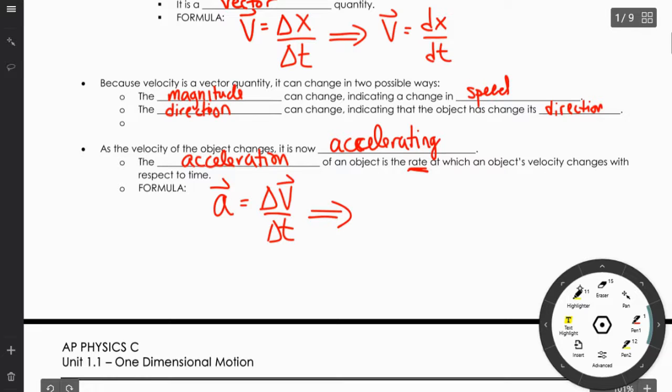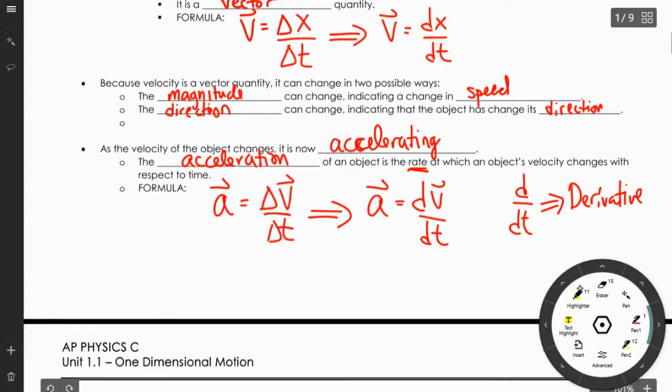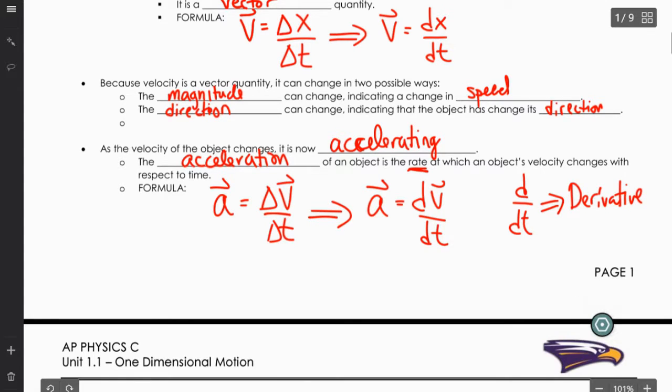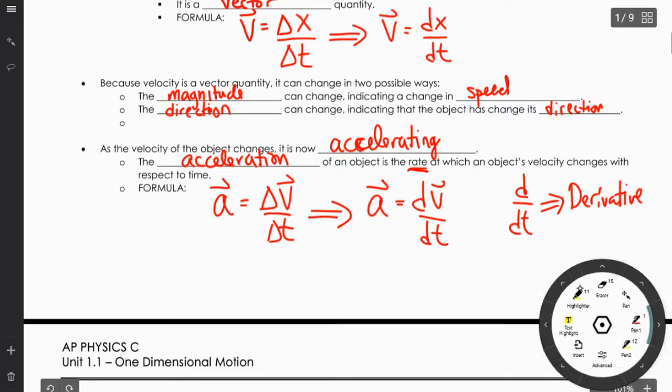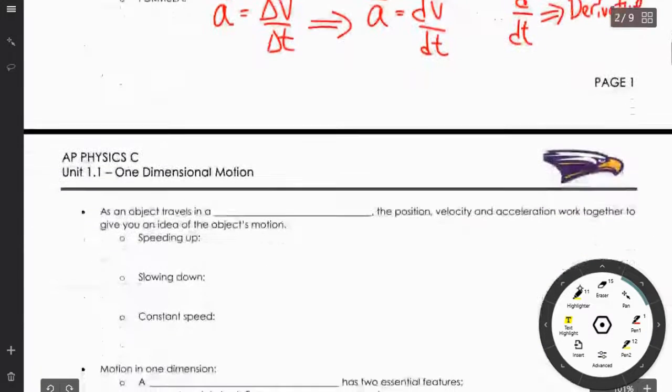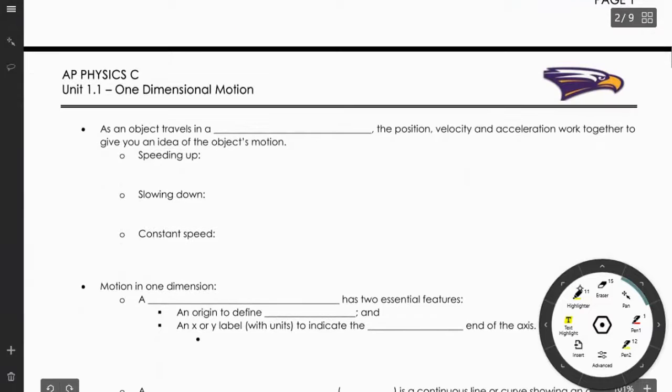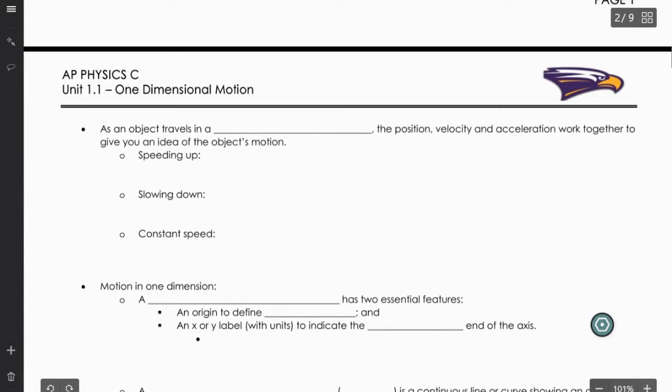We're going to learn in a little bit that the acceleration is the derivative of velocity, and that d/dt notation means derivative. What it breaks down to is simply the slope on a velocity versus time graph, because delta is actually the Greek letter d.